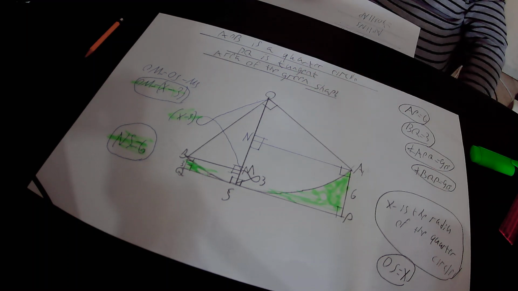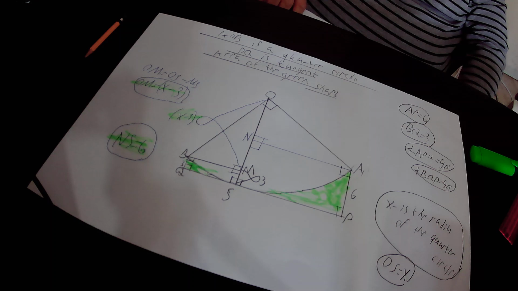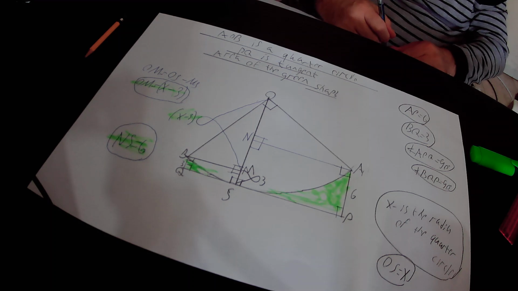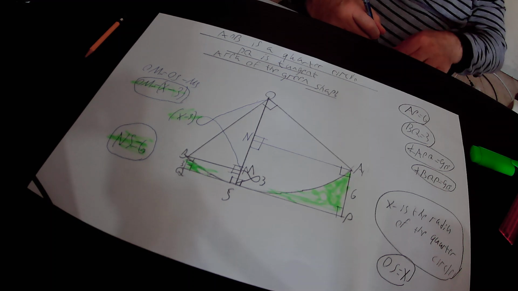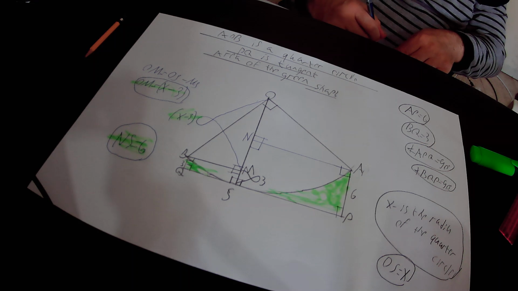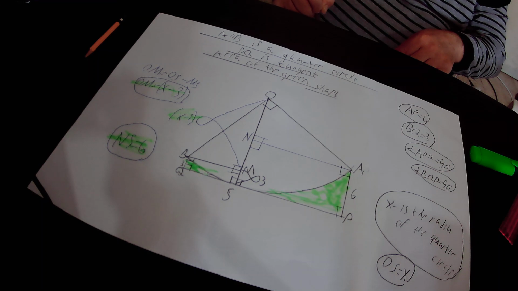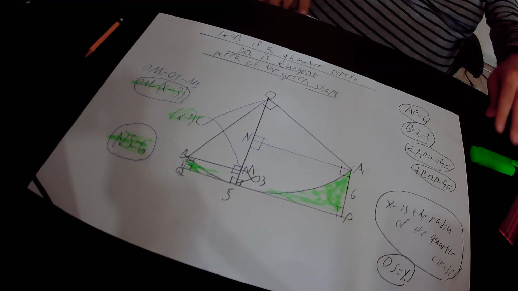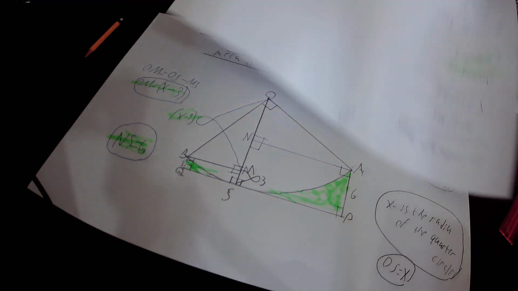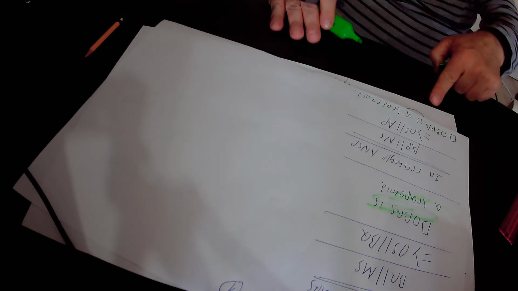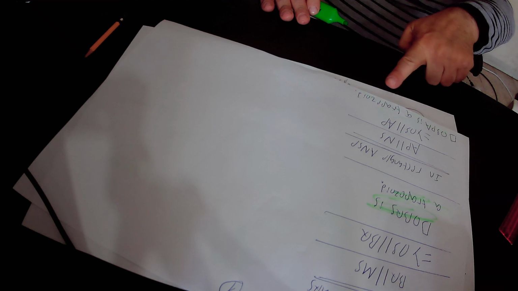So I write it down: quadrilateral OSPA is a trapezoid because it has one pair of parallel sides. Let me repeat again: quadrilateral OSPA is a trapezoid.